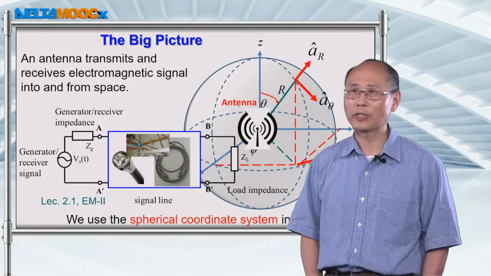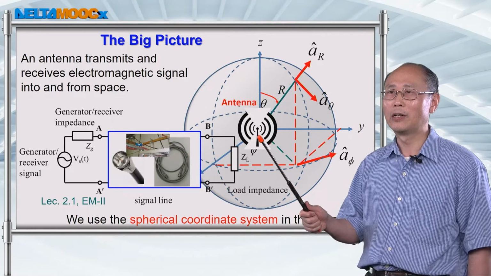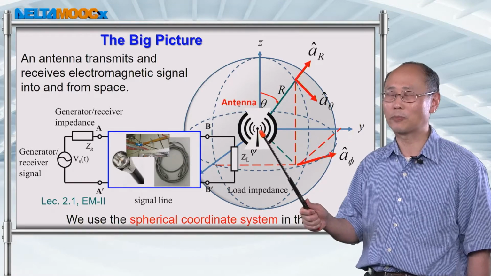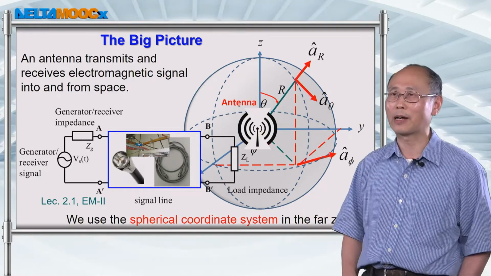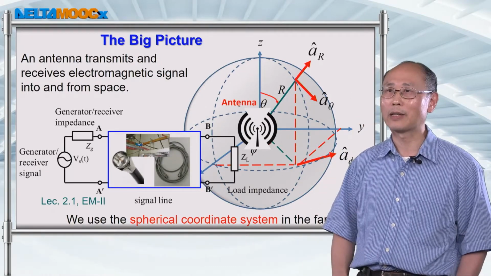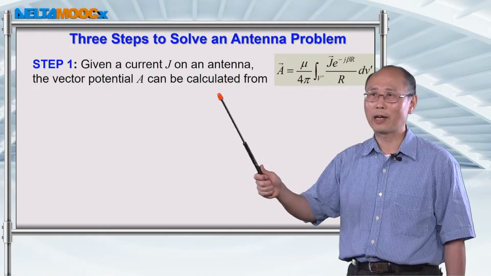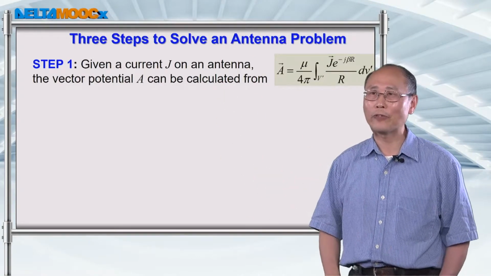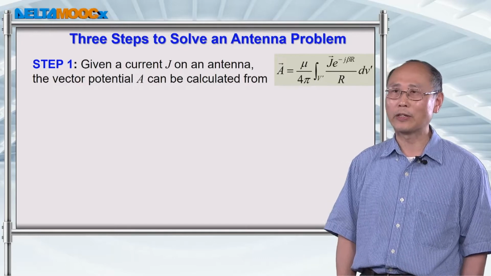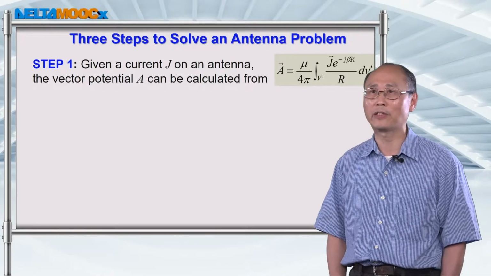And in the next few sessions, we're going to focus our discussion on transmitting antenna, and later we'll talk about receiving antenna. And of course, if you want to know the field radiated into space, we need to have some mathematical tools to analyze it.